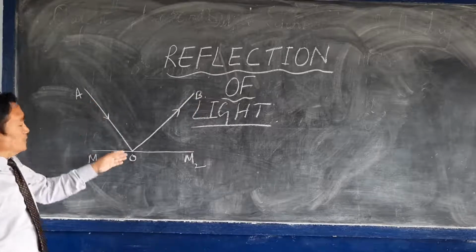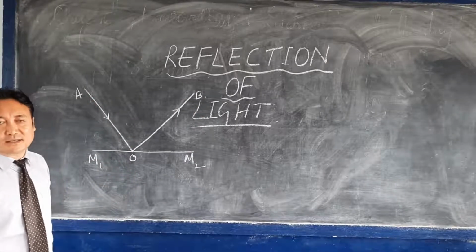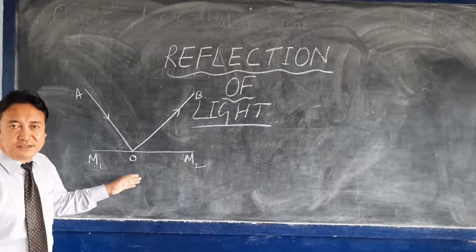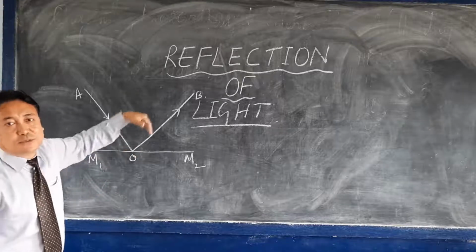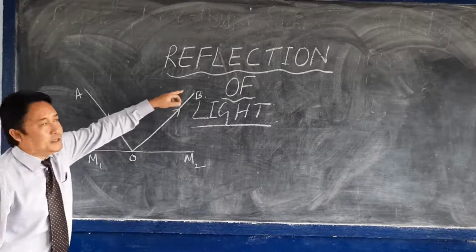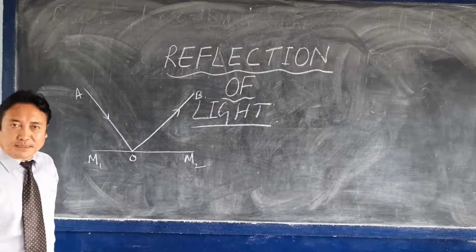So AO is the ray of light coming from the source, which we call an incident ray. The ray of light striking the reflecting surface is the incident ray. And the ray of light which bounces back to the same medium is the reflected ray. So here OB is the reflected ray, AO is the incident ray.